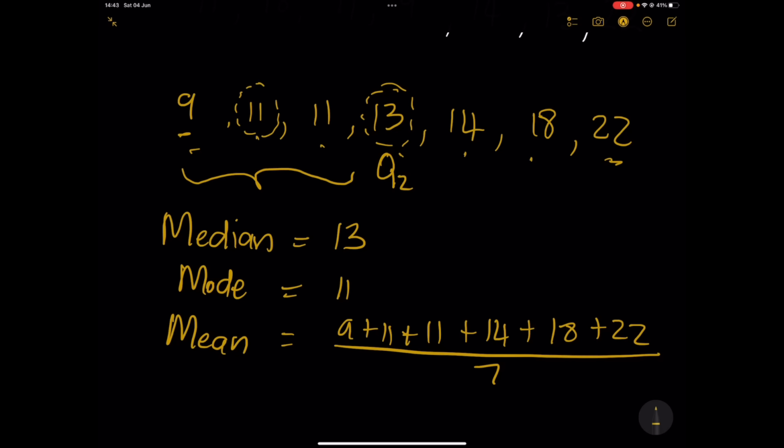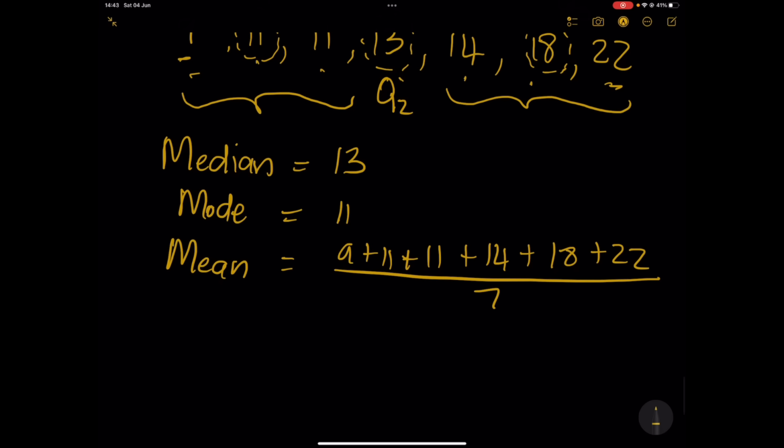And then, let me say, our upper half: the middlemost value on this part is going to be 18. So that's going to be Q3. That's our Q3 value, and that's our Q1 value.